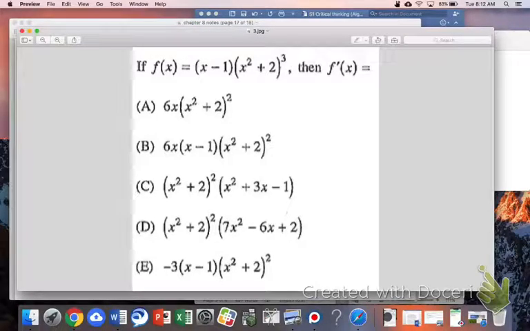Product rule, we'd start off by saying, I guess I'll just go over here. Let's go with this. So f prime would equal 1 d2, and d2 would be 3 times x squared plus 2 squared times 2x, right?